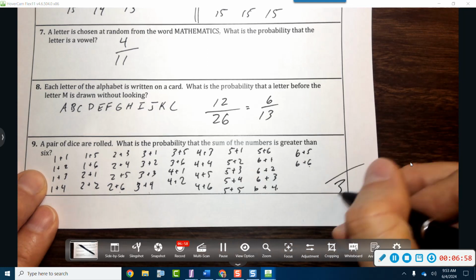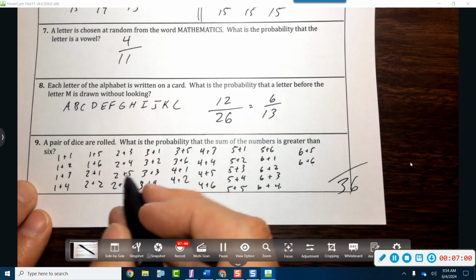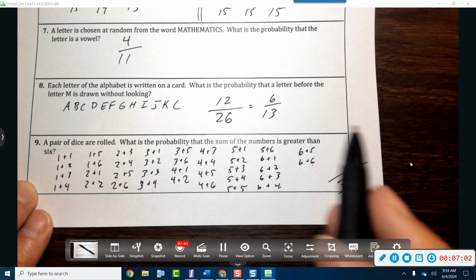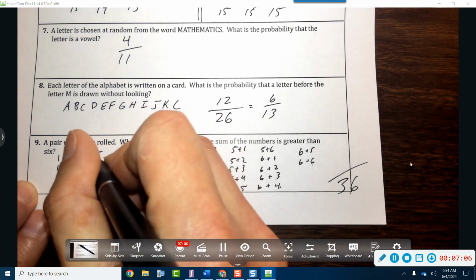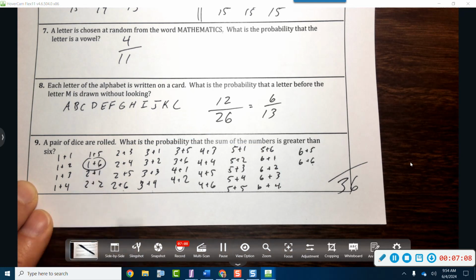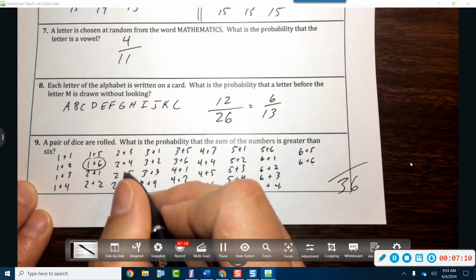We know it's going to be out of 36. So greater than 6. 1 plus 5 is not.